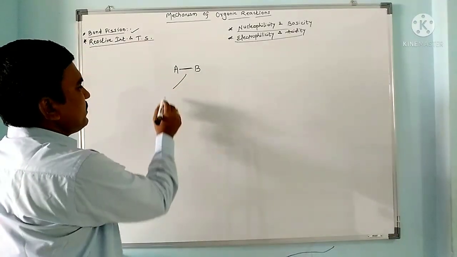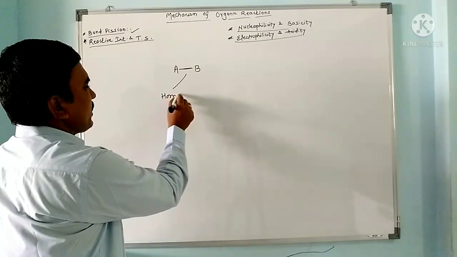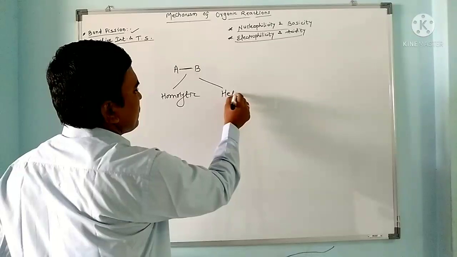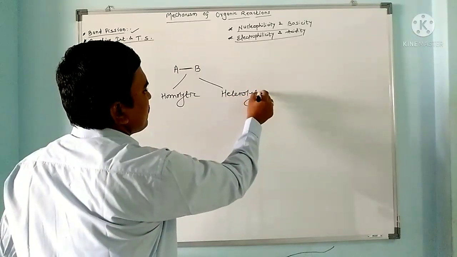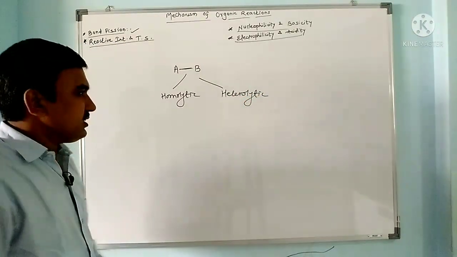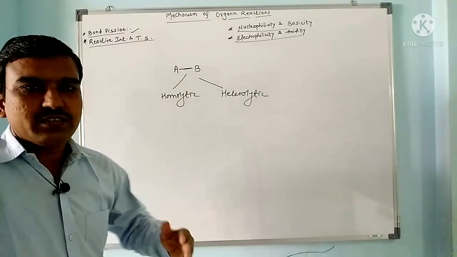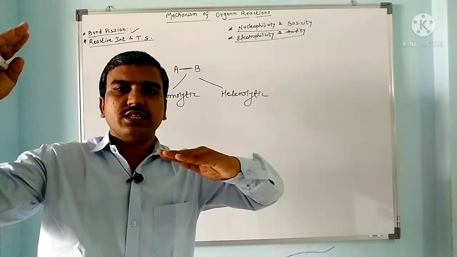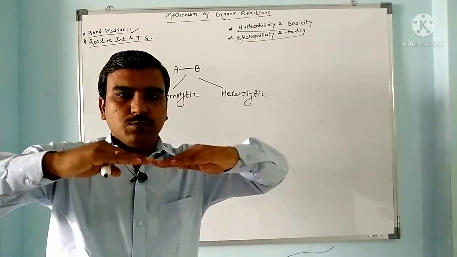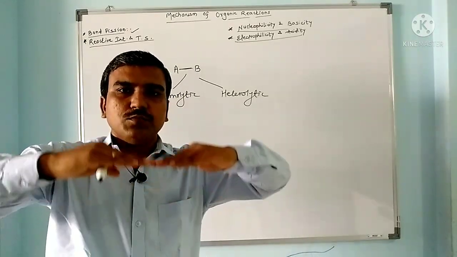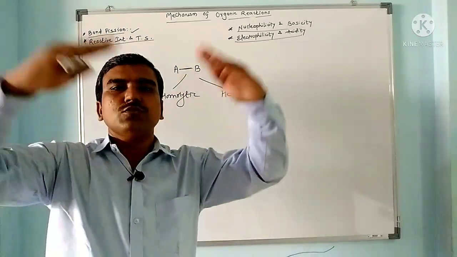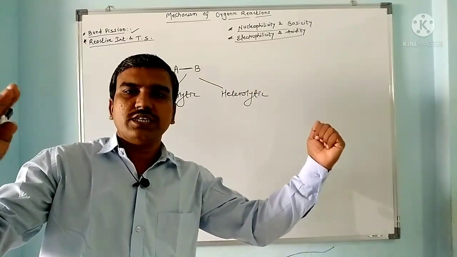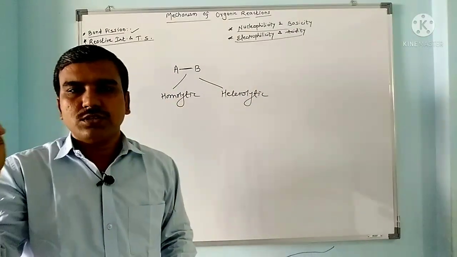One is homolytic bond fission and second is heterolytic bond fission. In the homolytic bond fission, the bond breaks homolytically. Suppose this is the bond, one electron shared by this bonded atom, this electron shared by this bonded atom. The bond breaks in such a way that both the electrons of the bond go to both the bonded atoms, meaning one electron goes to one bonded atom, other electron goes to the other bonded atom.